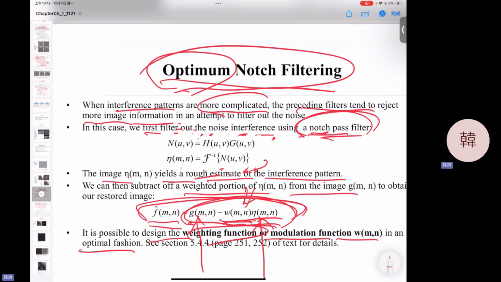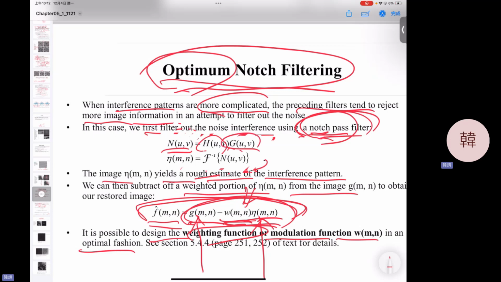First, you have to know the notch pass filter. With the notch pass filter, you find the filter of the noise and apply it to your obtained image.